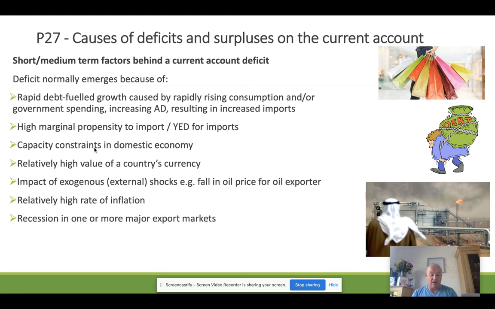And finally, the last one, and obviously each one of these you can explain in a little bit more detail and go and do some research on.